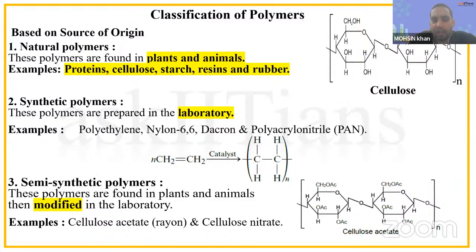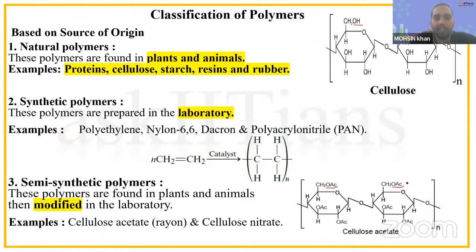You can check here. In cellulose, you have an OH group. And in cellulose acetate, what we have done is replaced the OH group by the acetate group. So cellulose is the natural polymer, and when we replace the OH group of cellulose by the acetate group, it gives us cellulose acetate.